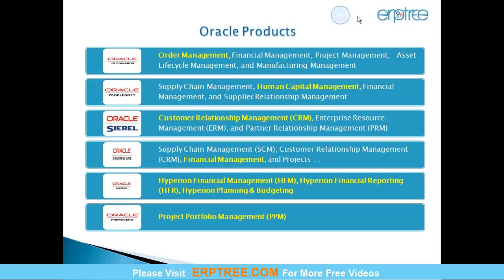From Oracle Hyperion they took a few areas, primarily Hyperion financial reporting, and Hyperion planning and budgeting is also available as part of Fusion. From Primavera they took PPM, project portfolio management. From the different ERP products and other enterprise applications, they took the best piece of solution. By taking all these different solutions, they built the application called Fusion Applications. So this is the meaning of Fusion Applications.